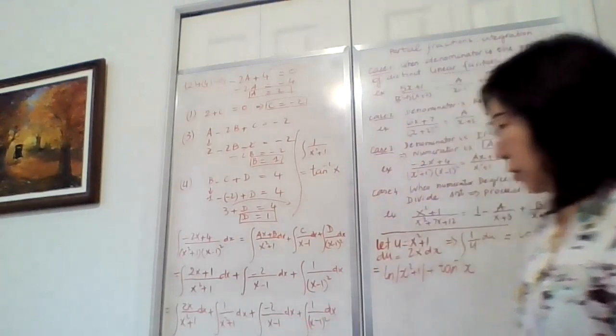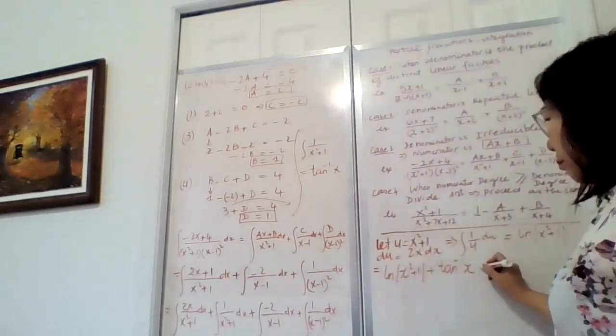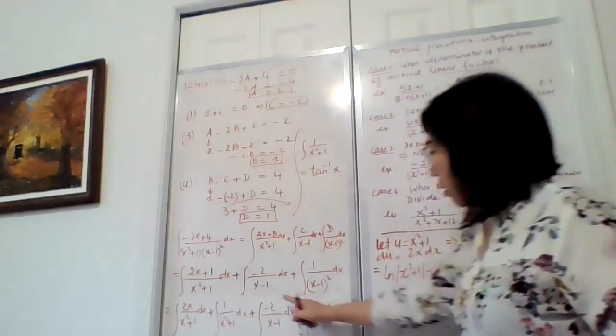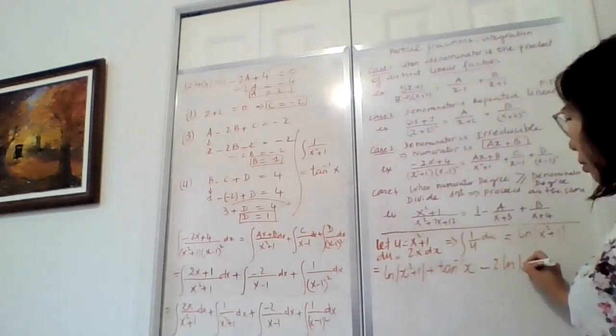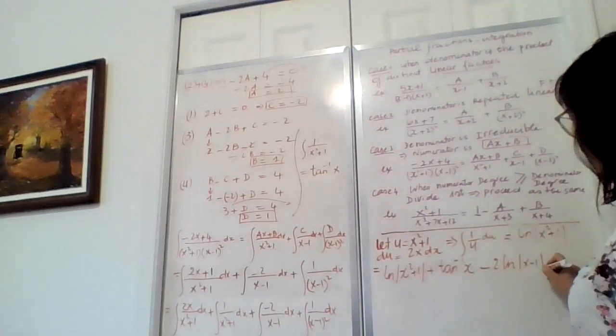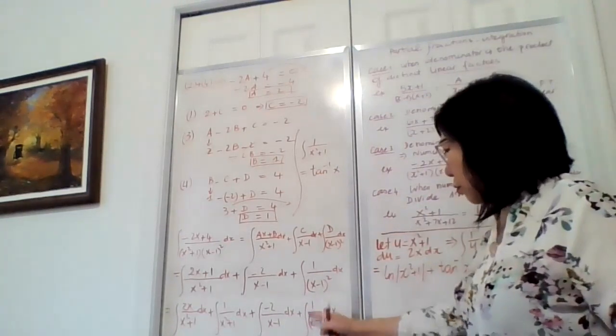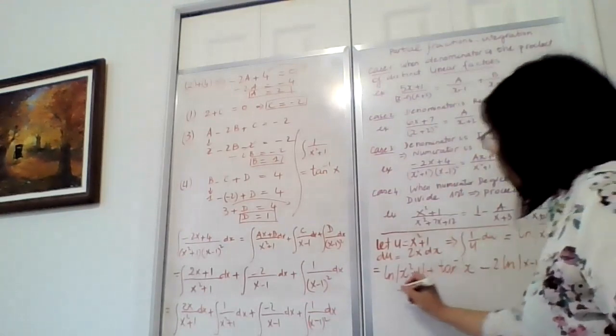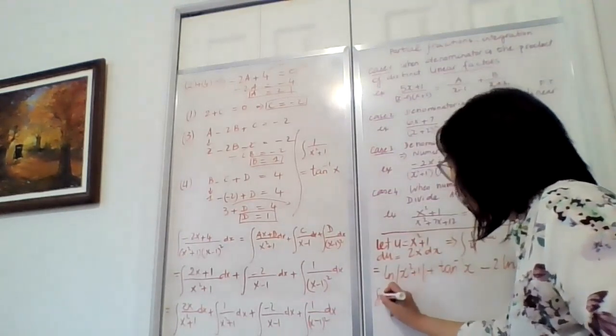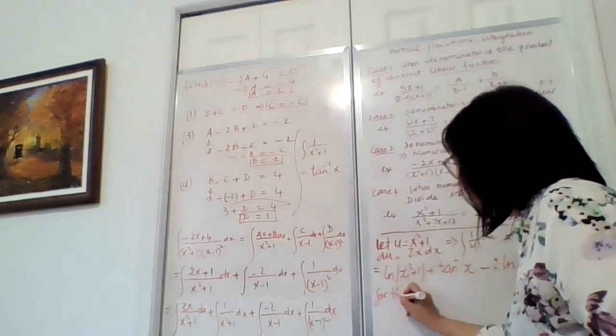That's the formula we can use. Then the third one will be just minus 2 ln of x minus 1. Now we have to handle the last one. The last one, you can use u as well.